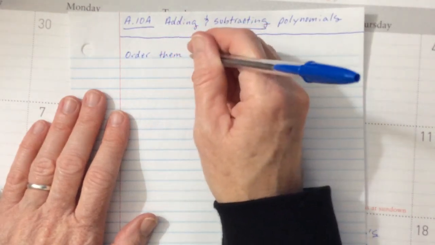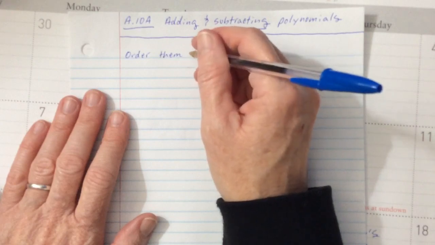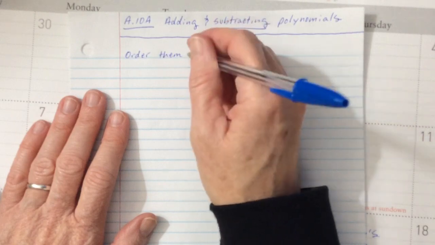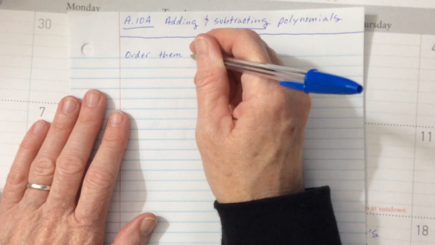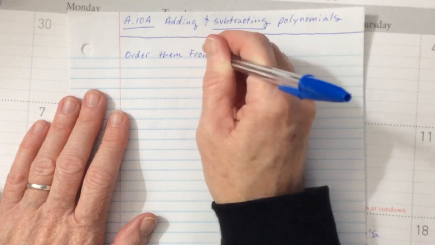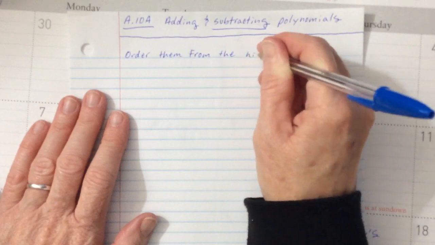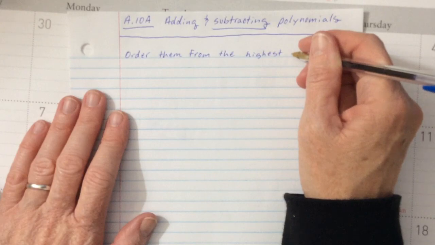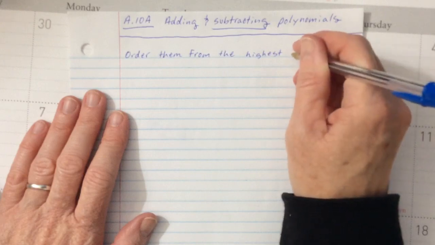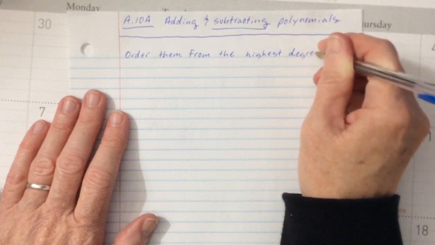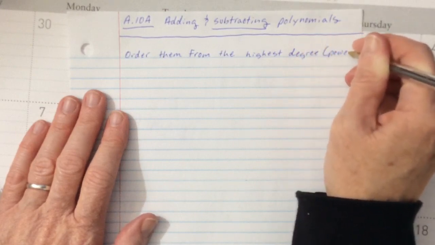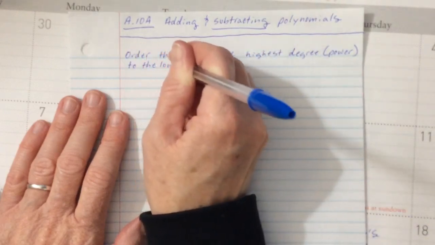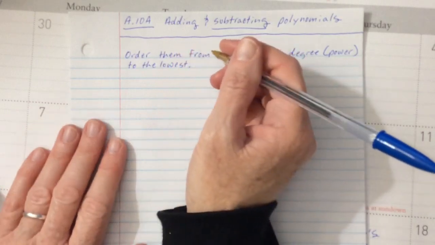Going forward, order them by power, the highest degree, that is your power, to the lowest. Okay?